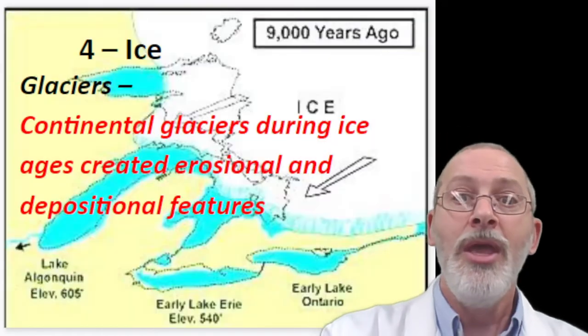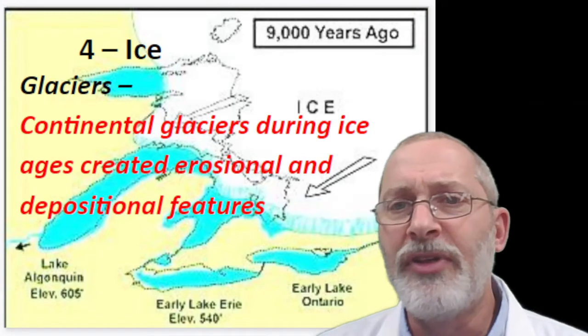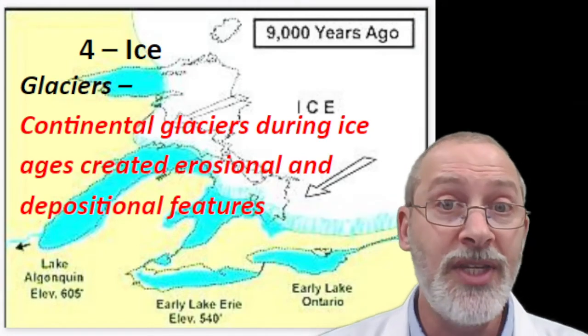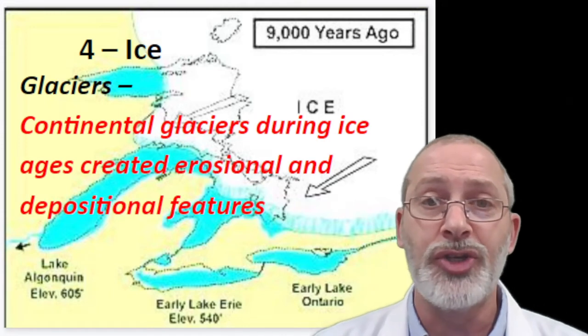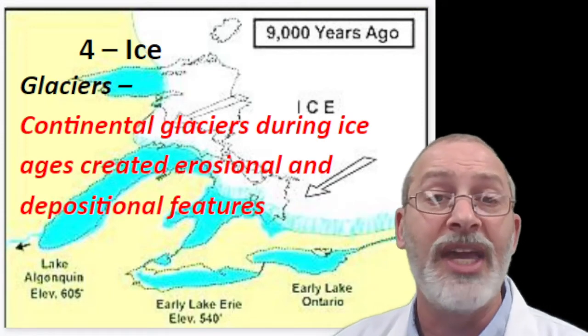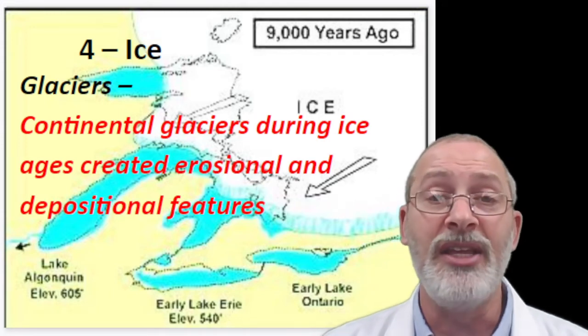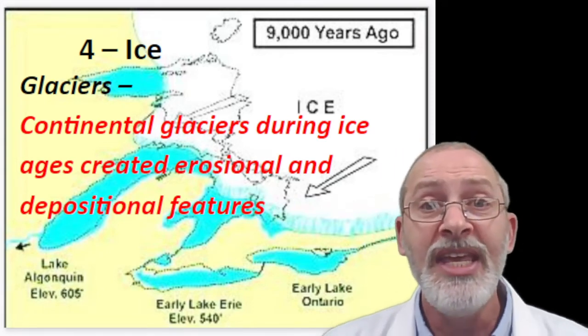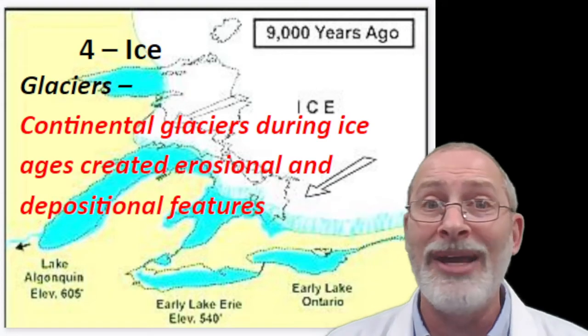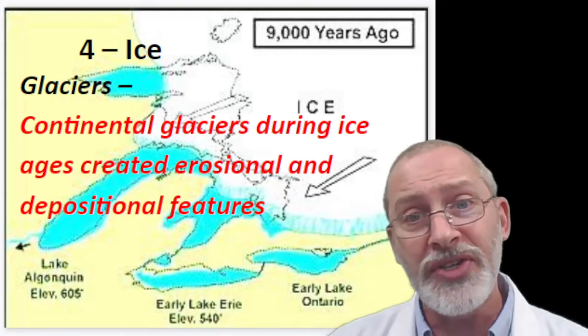But another type of glacier that many people don't consider are continental glaciers. Continental glaciers today can be found in places like Greenland, and we're studying the continental glacier there that once extended all the way down to where we live in New Jersey.